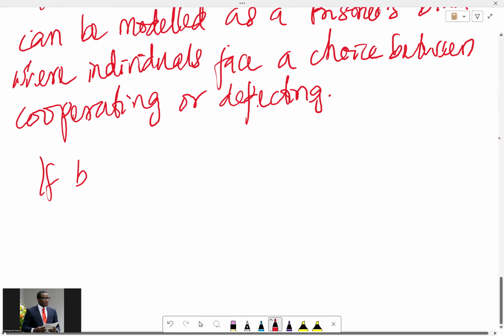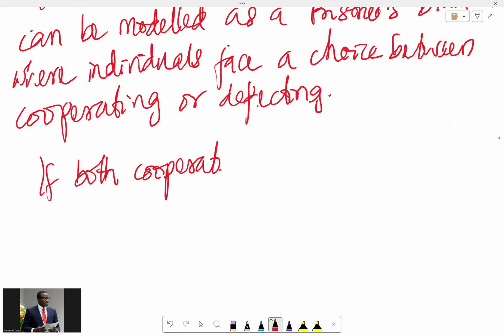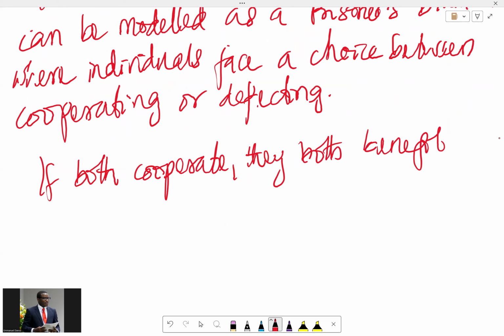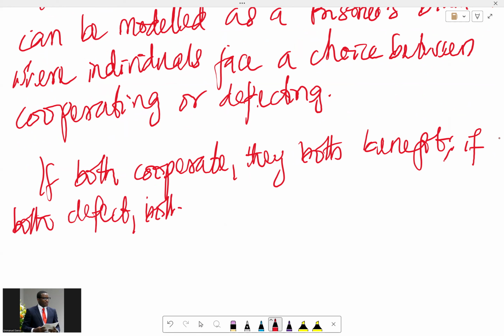If both cooperate, they both benefit. If both defect, both are worse off.